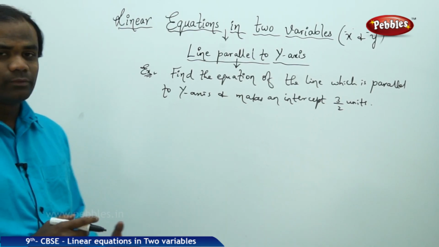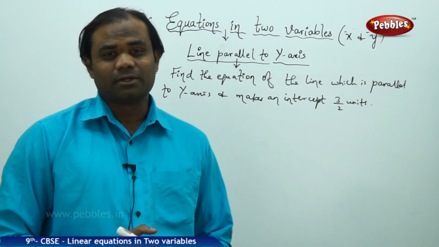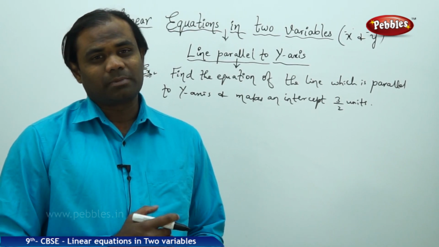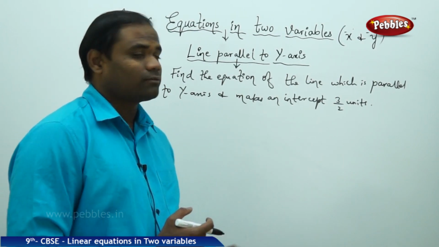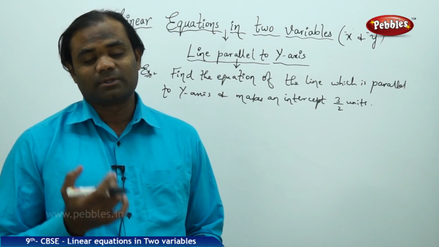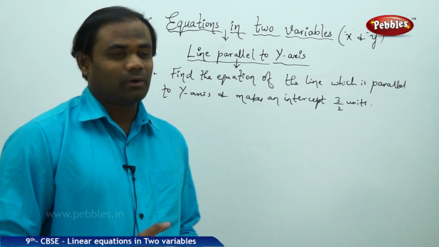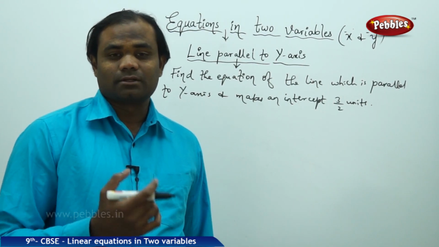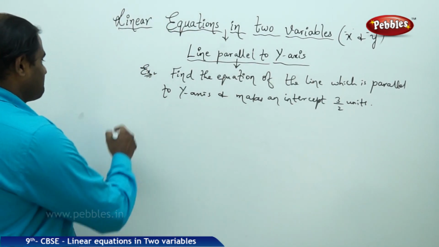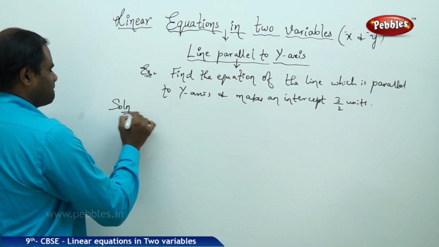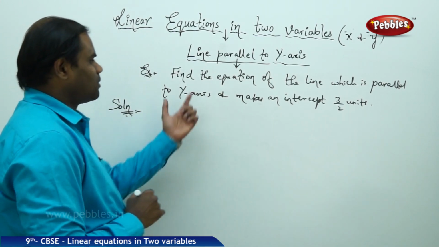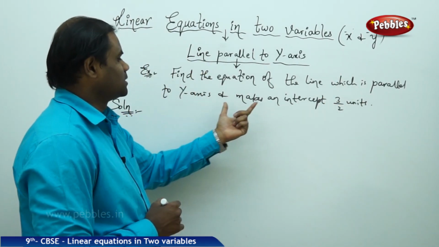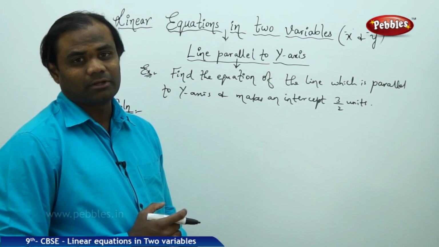So here I have a question with its respective information, which I'm going to convert into the Cartesian plane. Through the Cartesian plane, I can find the equation of the line accordingly through the respective formula. The question is about finding the equation of the line with the condition that it is parallel to y-axis and makes an intercept 3/2 units.